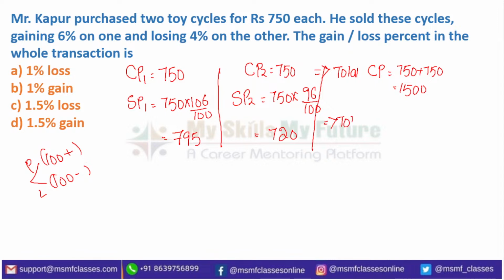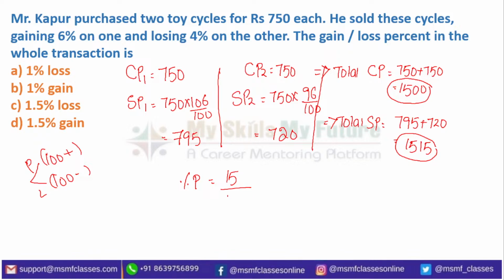Total SP equal to 795 plus 720, which indicates 1515. The cost price is 1500, selling price is 1515. So profit occurs. Percentage of the profit equal to 15 rupees by cost price 1500 into 100. Two zeros get cancelled, 15 one times 15, means 1% profit.